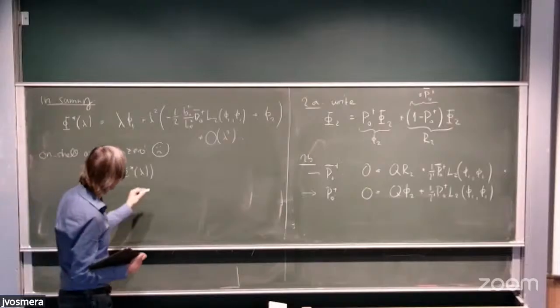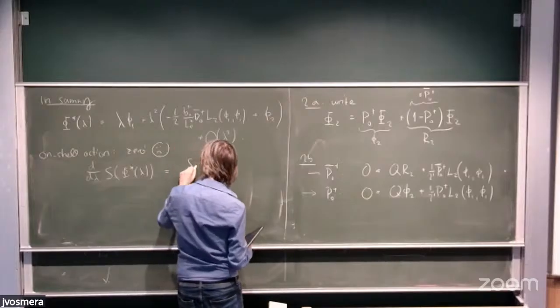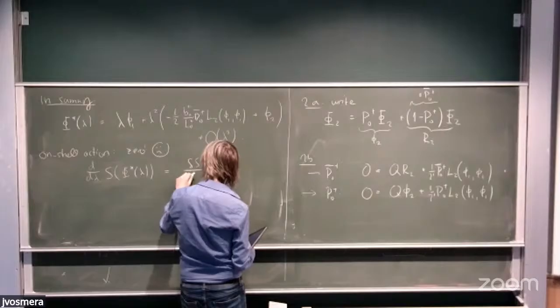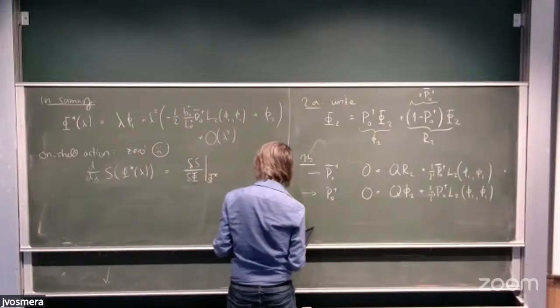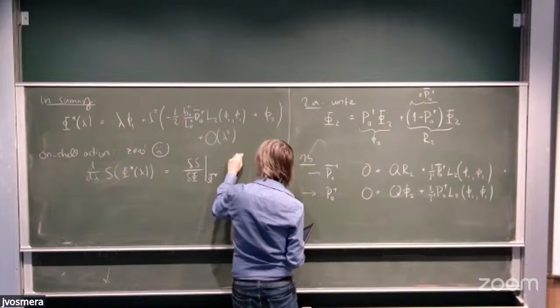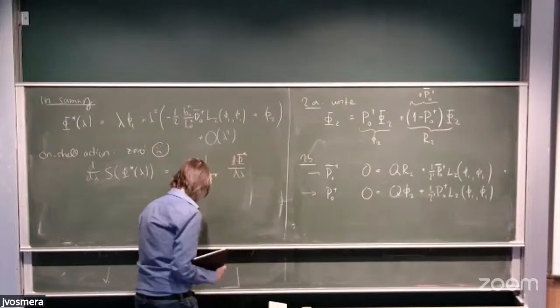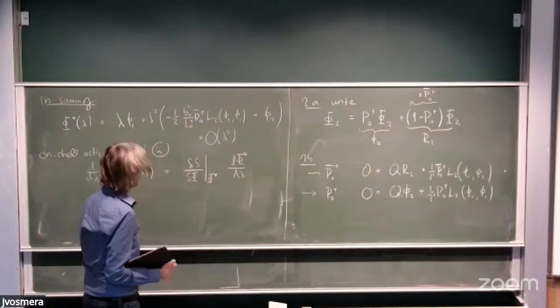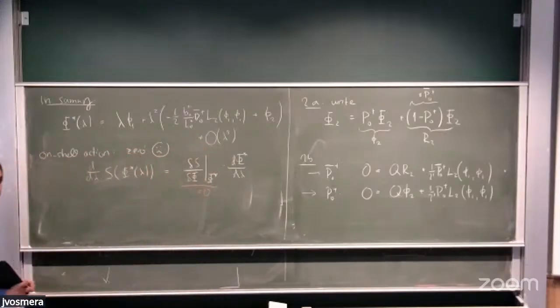Using the chain rule, this is equal to the variation of the action with respect to the string field, evaluated on the classical solution, times the derivative of the string field with respect to lambda. But if phi star is a classical solution, this one is just 0, by definition.